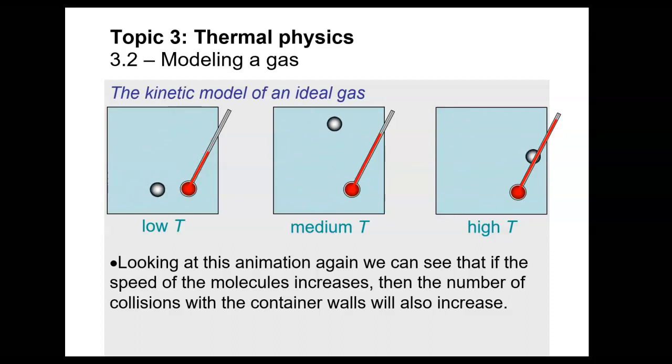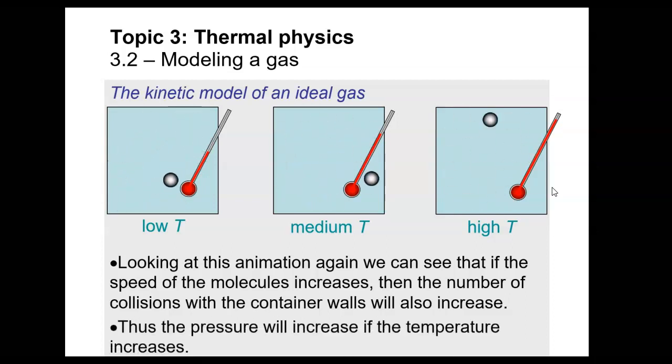Now, they're not the same thing, right? They measure two different quantities. But clearly we can see that if the size of the container is fixed, if the particles are moving faster, that is, if they have a higher temperature, they're going to collide more often. And therefore, the pressure is going to increase. So there is some type of positive correlation between pressure and temperature of a gas.